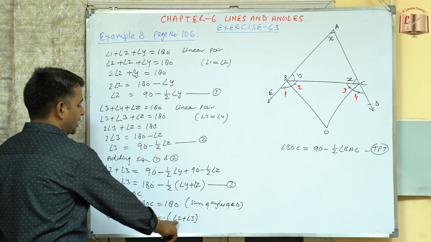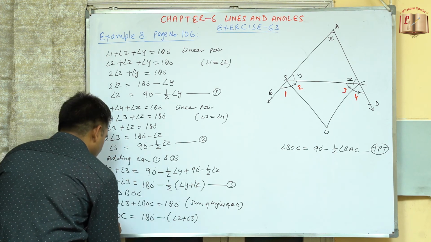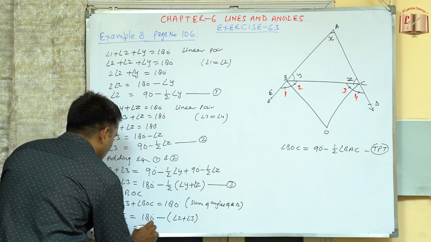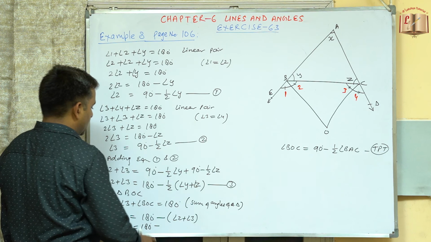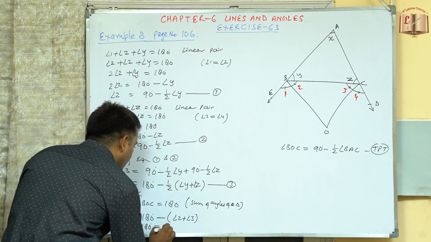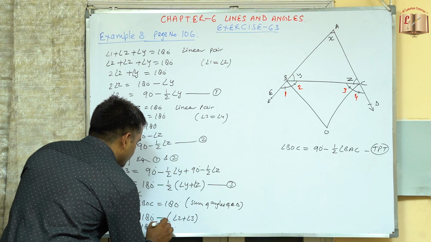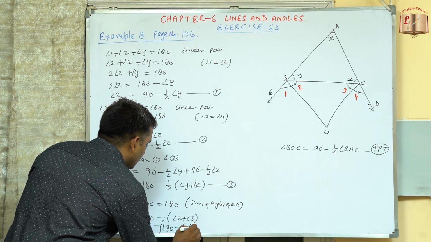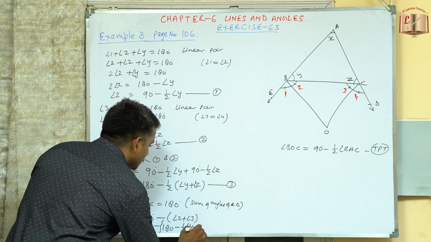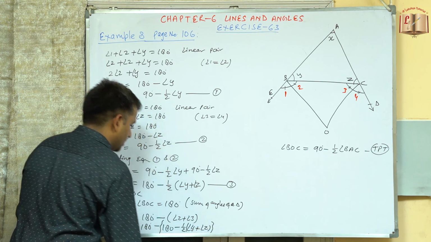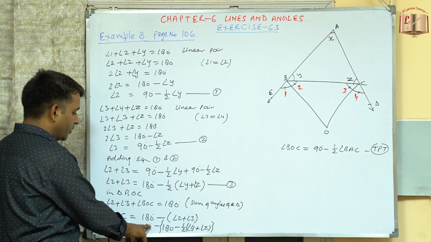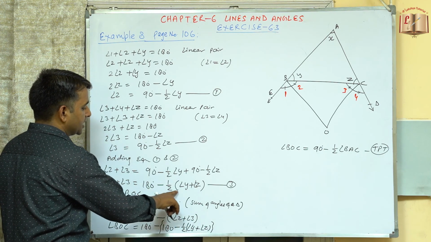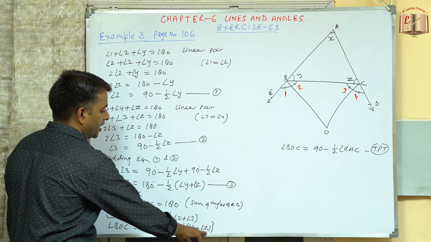Taking angle 2 and 3 to the right, angle BOC is equal to 180 degrees minus 2 plus 3, which is 180 degrees minus half of angle y plus angle z.